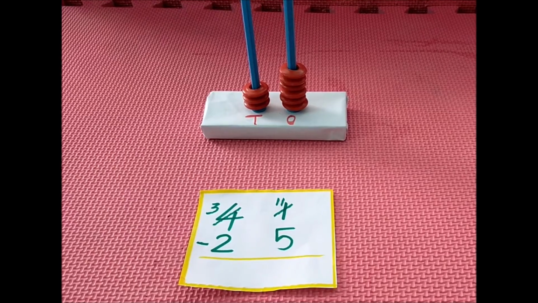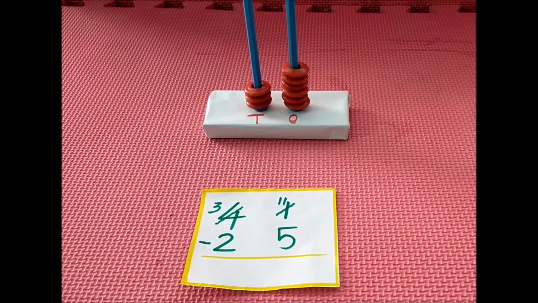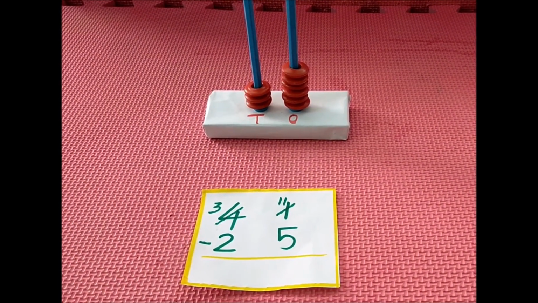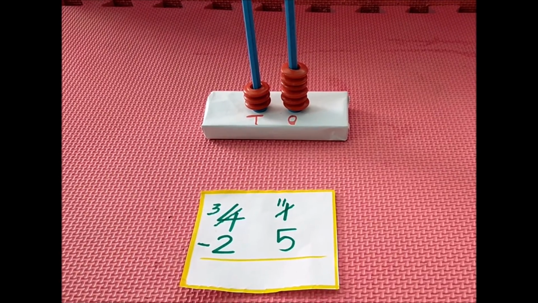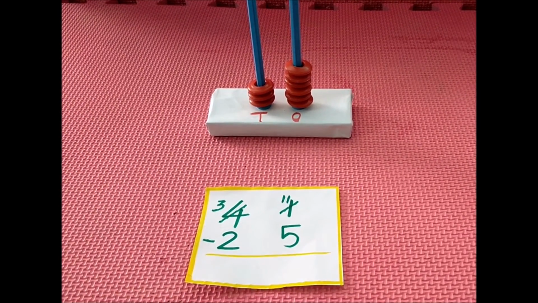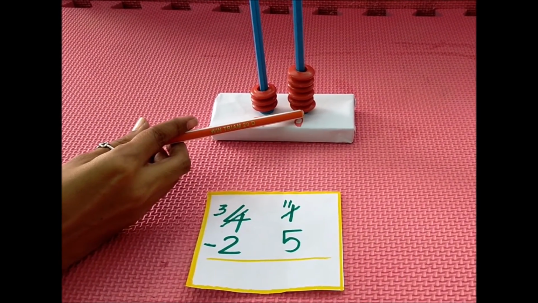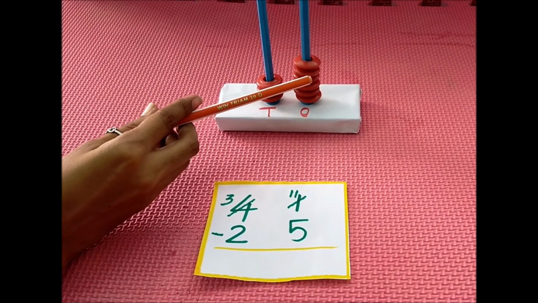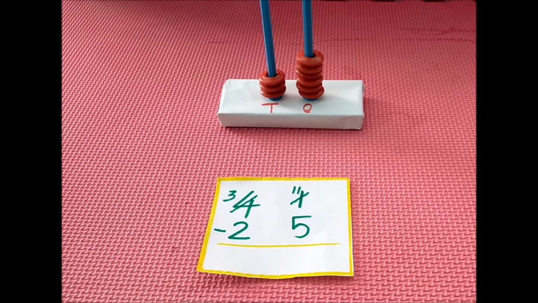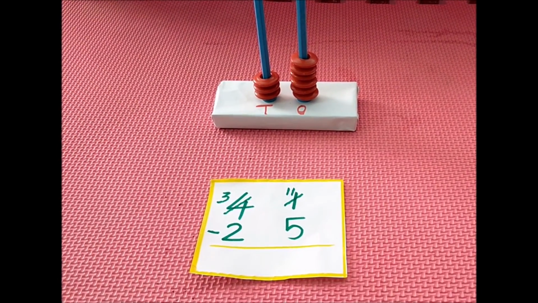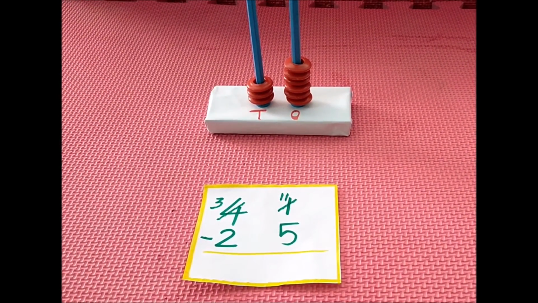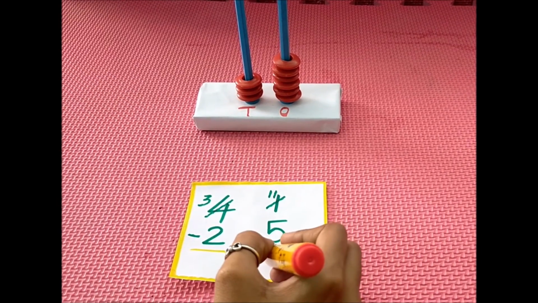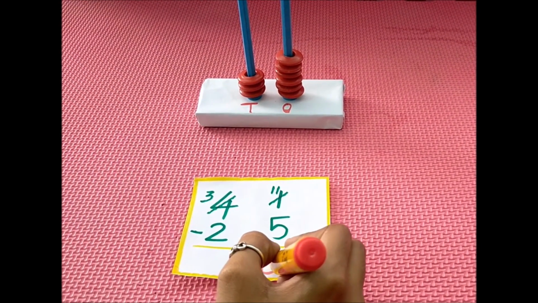So remaining how many beads we are having in ones column, children? Shall we count? 1, 2, 3, 4, 5, 6. So we are having 6 ones. So 11 minus 5 is 6. So now I am going to write 6 here.